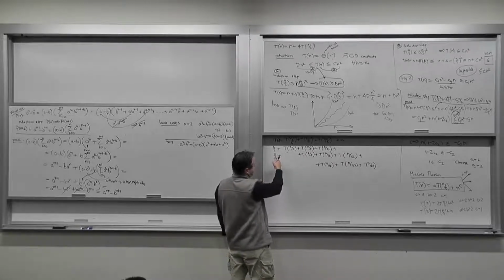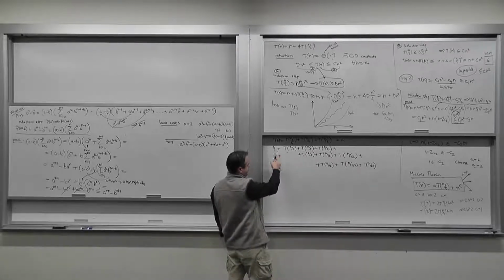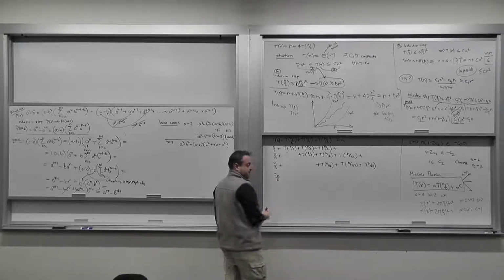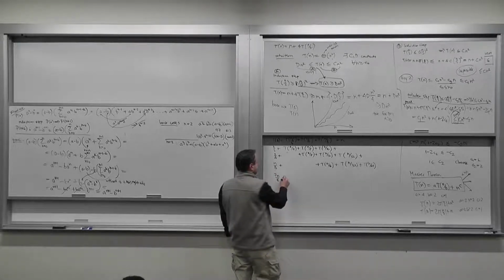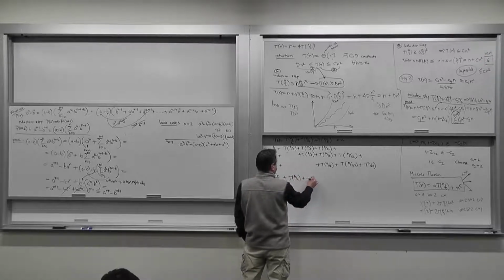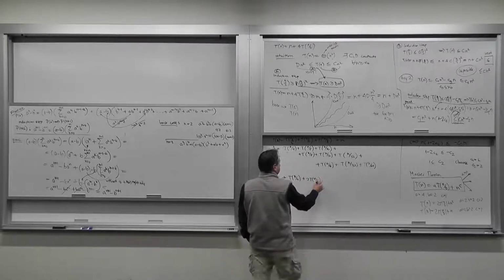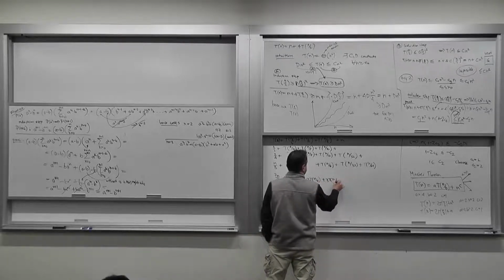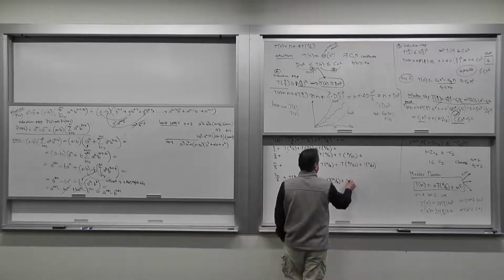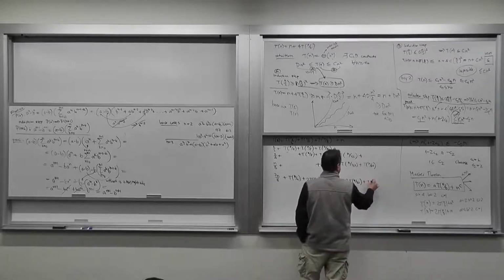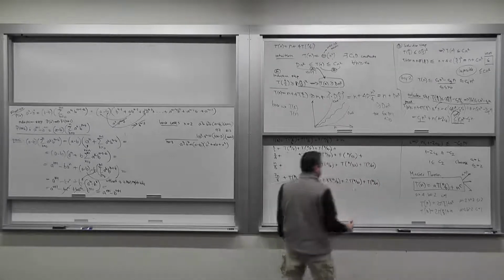That's n by 4 plus n by 8 plus n by 2, n by 4, n by 8. That is 7n by 8 plus T of n by 4 plus 2 T of n by 8 plus 3 T of n by 16 plus 2 T of n by 32 plus T of n by 64.